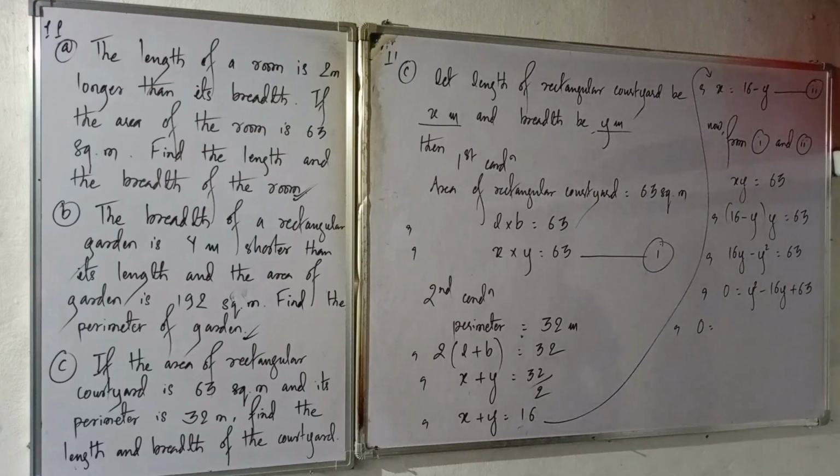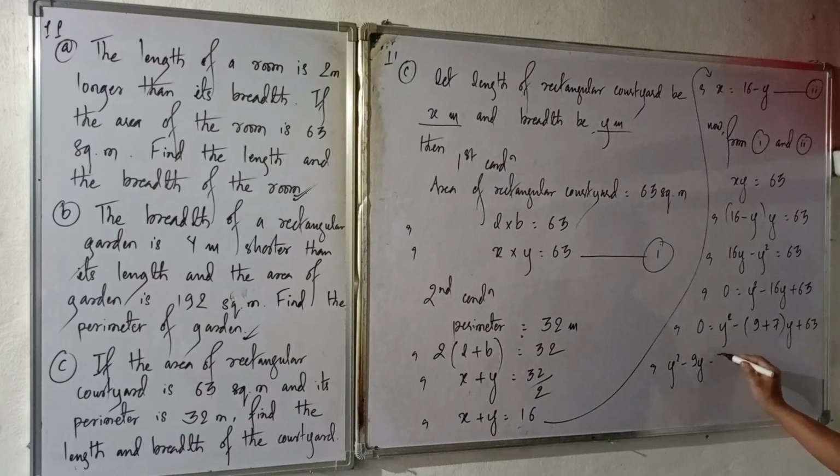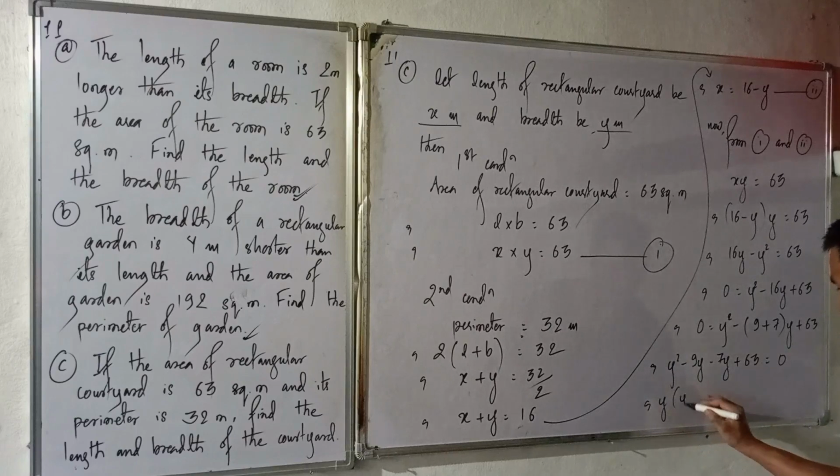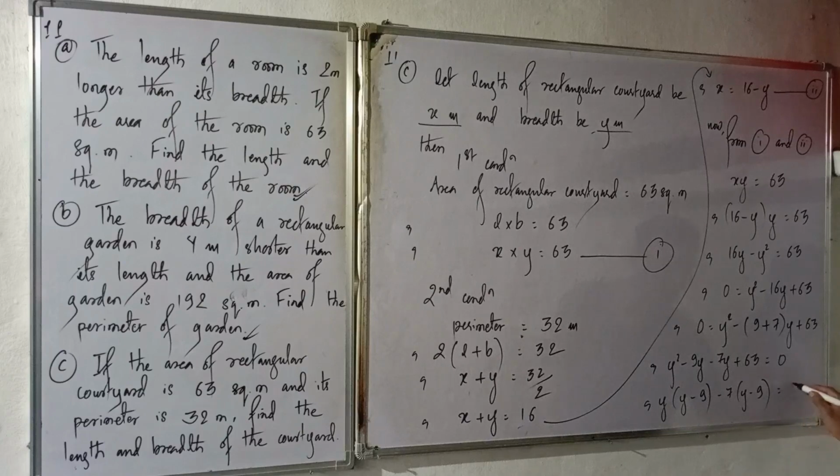Now you factorize, 9 times 7. y square minus 9y minus 7y plus 63 equals 0, or y times y minus 9 minus 7 times y minus 9 equals 0, or further y minus 9 times y minus 7 equals 0.